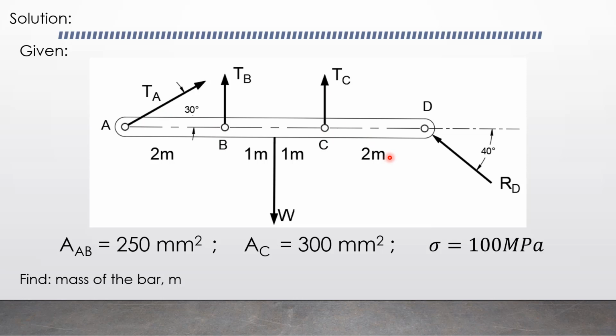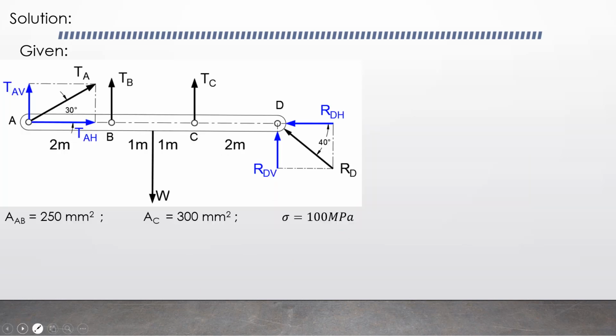Now that we know all the forces acting on the bar, we can start our computation. The first thing we do is to get the summation of forces along the horizontal axis.